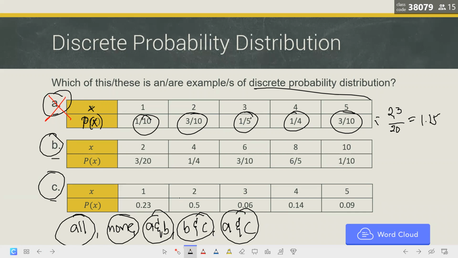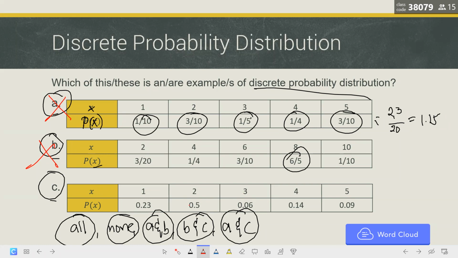Okay? Sa letter B naman, class, ang usapan, dapat ang kada probability is in between 0 and 1 lang. Eh, may lumagpas sa 1, 6 over 5. So, it's not a discrete probability distribution. Sa letter C naman, ayan.